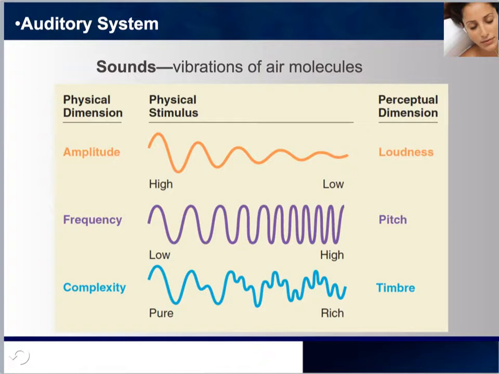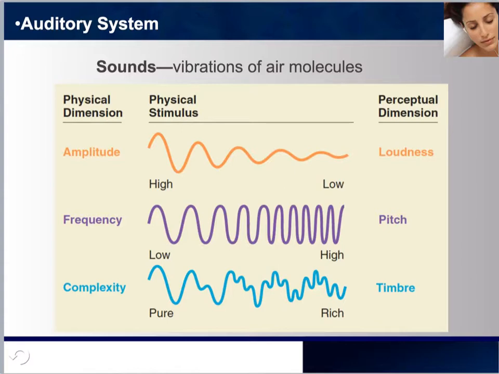Complexity is the third physical dimension, and this is perceived by slightly different waves. Notice how these seem to be a little bit more smooth across the board. This seems to be interrupted by different things, and the way we perceive complexity is through what we call the timbre.